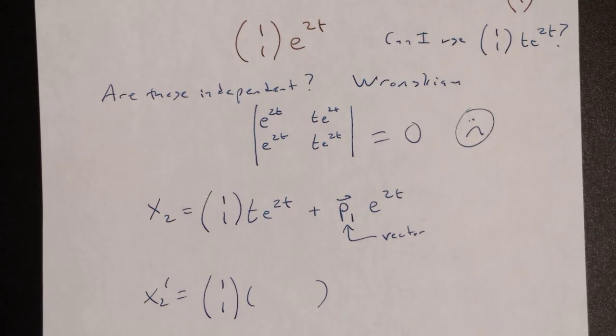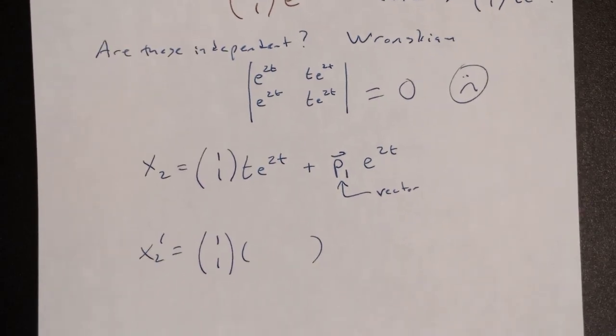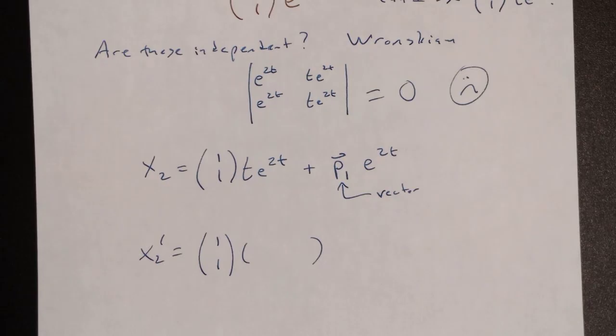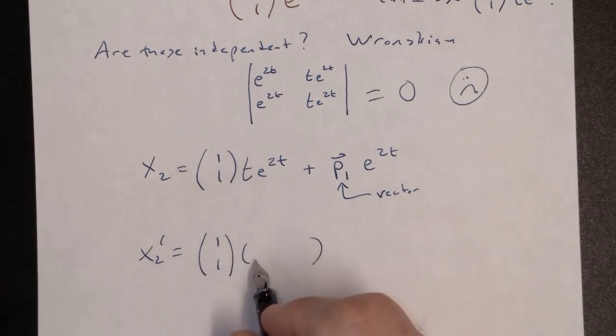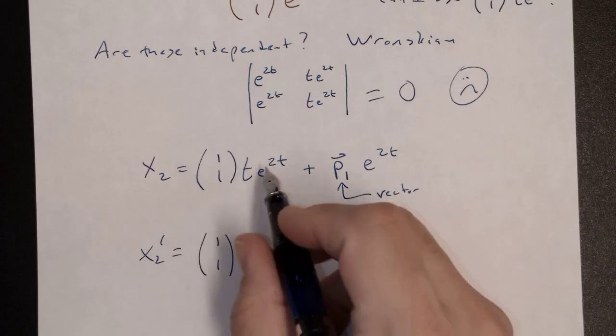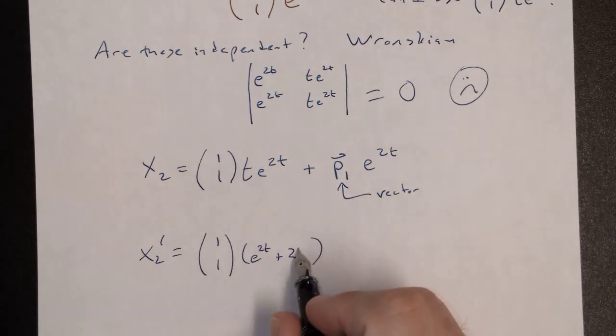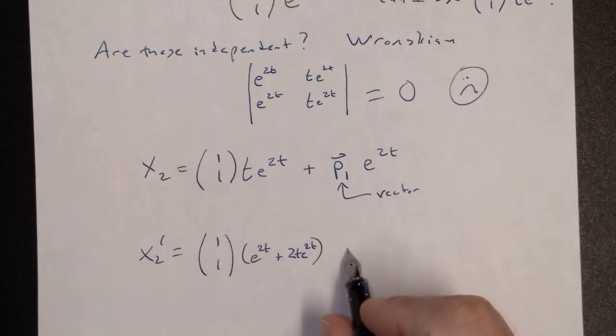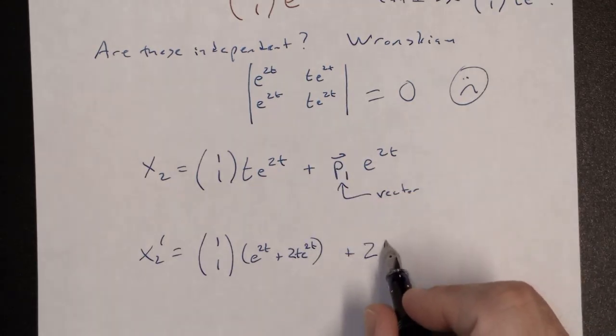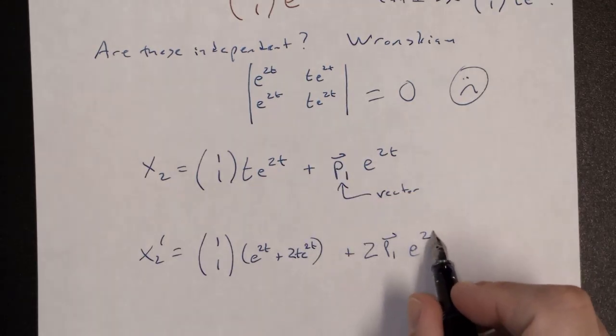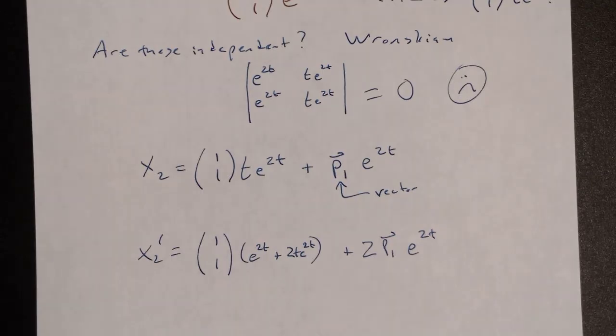Come on, people, you can do derivatives. I need the product rule. Derivative of t first, and then the derivative of e to the 2t gives me the 2. And then over here I get a 2. Yes?